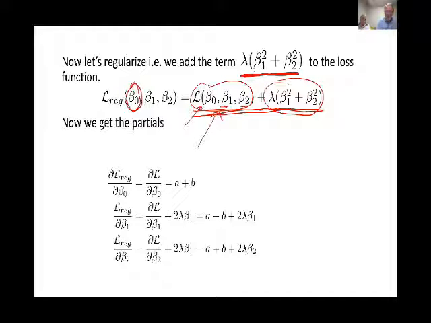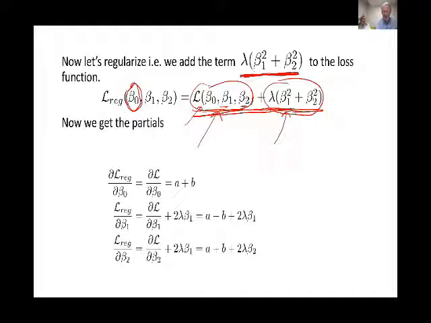But let's see what we get now for the partial derivatives. If you take partials here, it's the partials of this plus the partials of this, so it's very easy to take the partials of the sum of two functions. The second term doesn't involve beta 0, it's only involved in the first term, so that gives the same derivative with respect to beta 0.